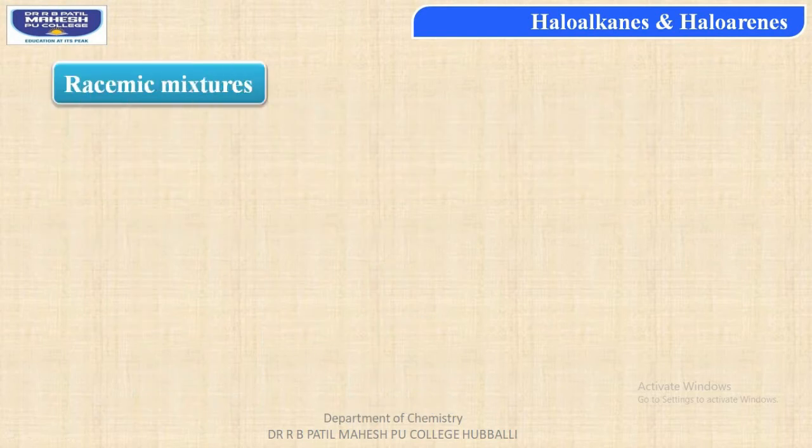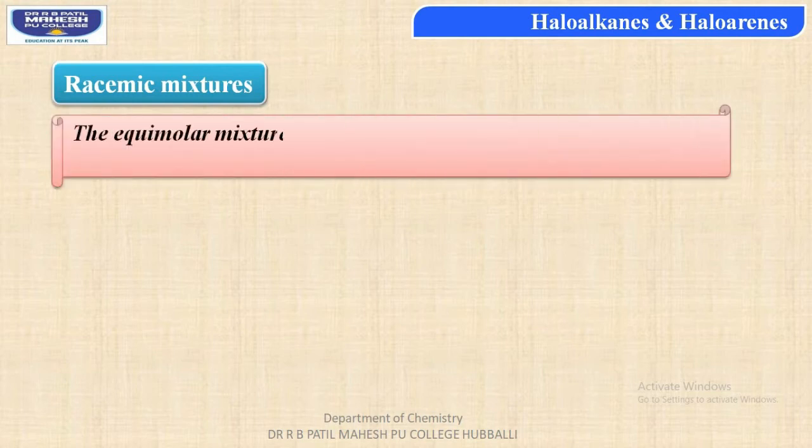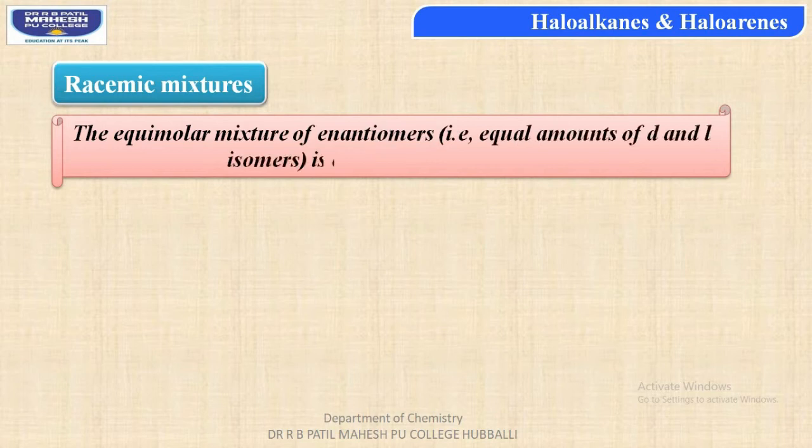Now students, let us consider racemic mixture. The equimolar mixture of enantiomers, that is equal amounts of both dextrorotatory and levorotatory isomers, is called a racemic mixture. So any given mixture, student, which has equal amounts of dextrorotatory and levorotatory isomers is called a racemic mixture.